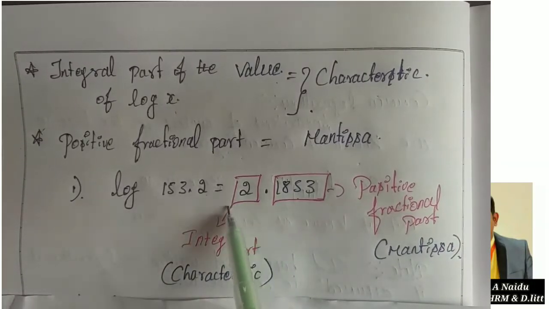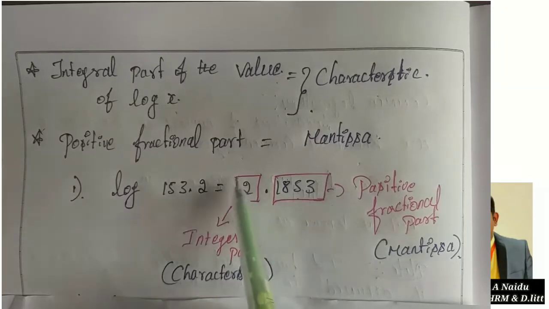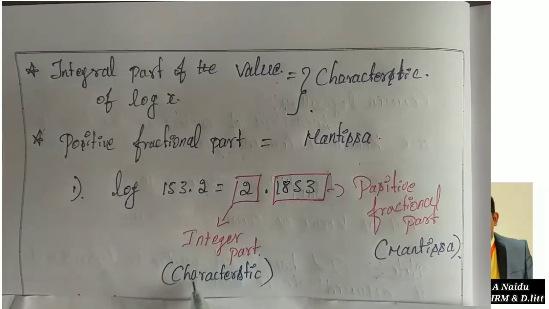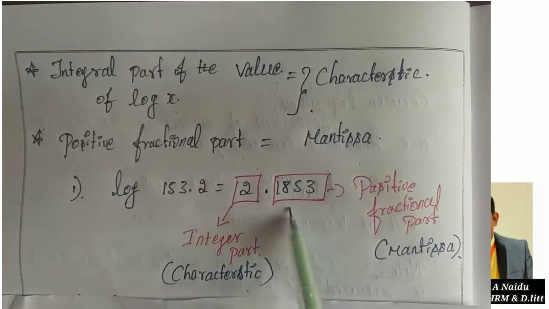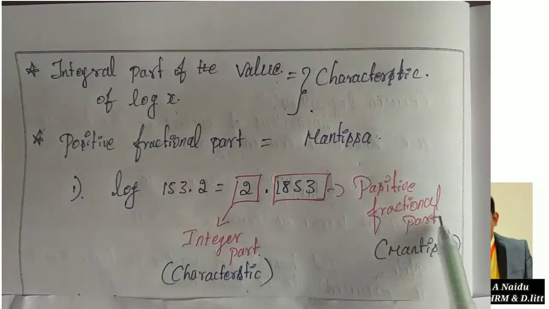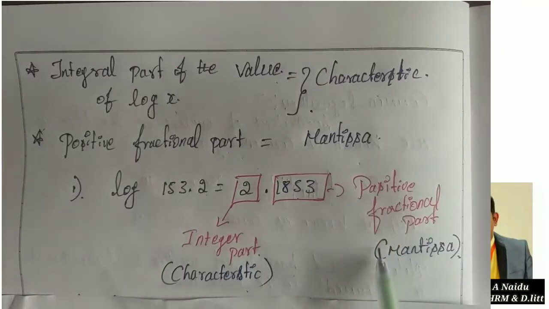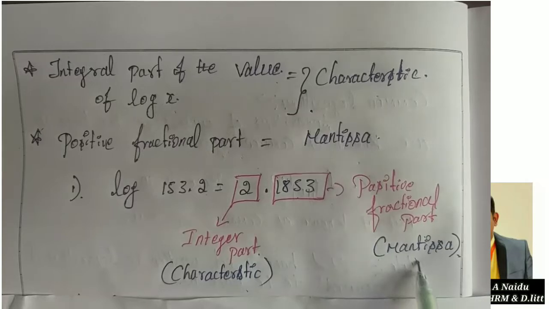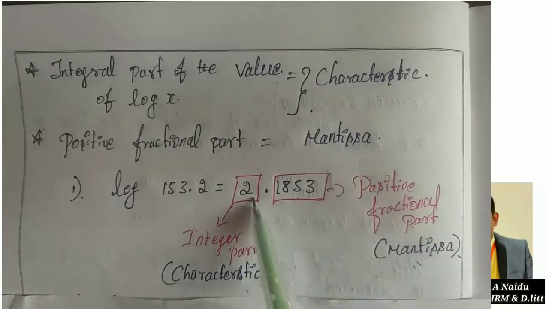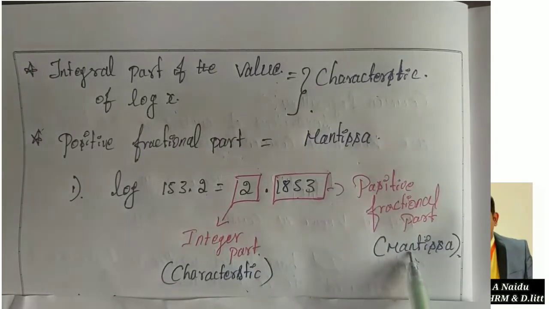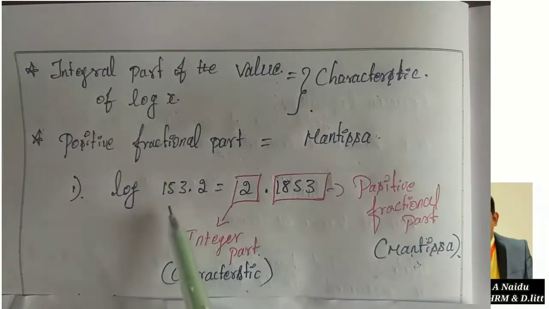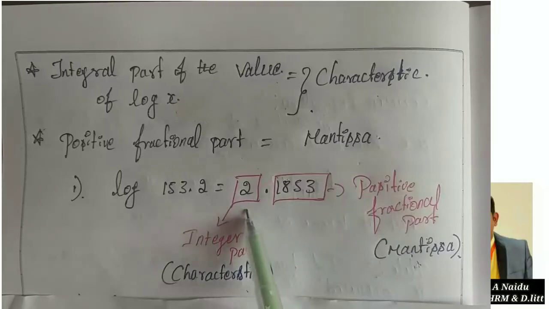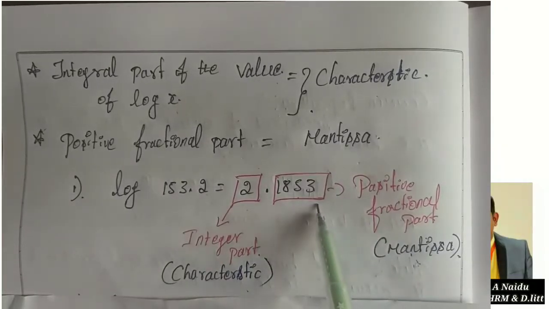In this, the first integer part is called the characteristic. And the second half, 1853, is the positive fractional part. This is called the mantissa. So this is the characteristic and this is the mantissa. Did you understand? 153.2, I have written as 2.1853.